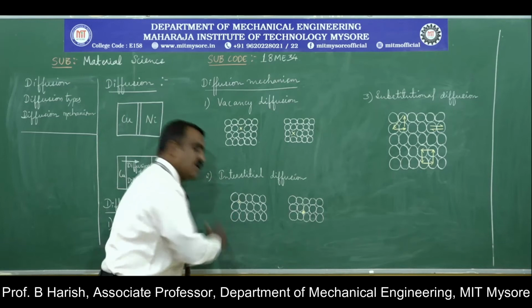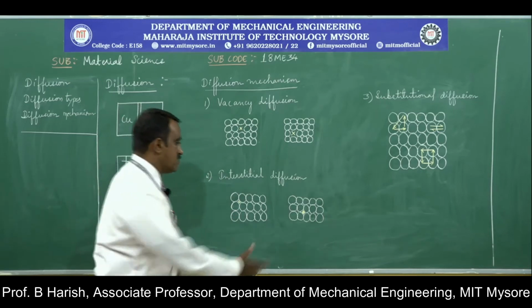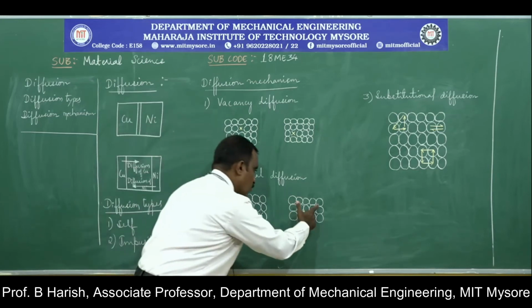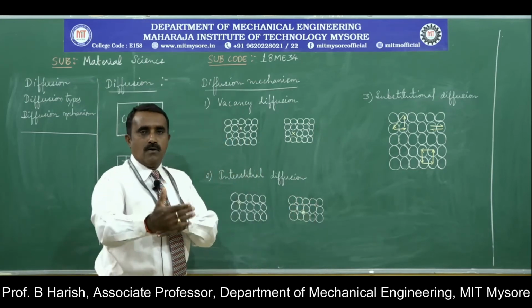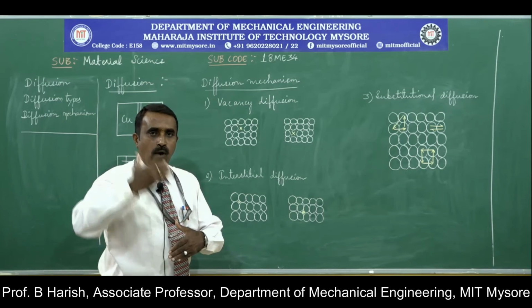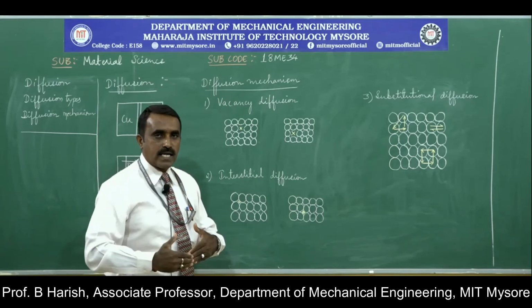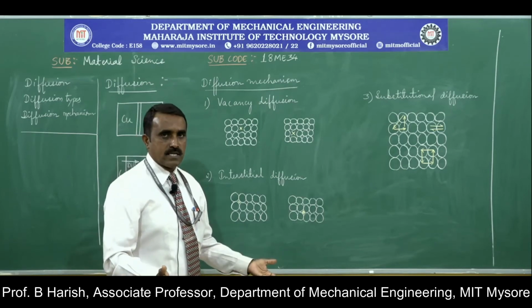Originally it is here, when diffusion takes place, it moves here. In future course of time, it can move here. It will move from one interstitial space to another interstitial space.